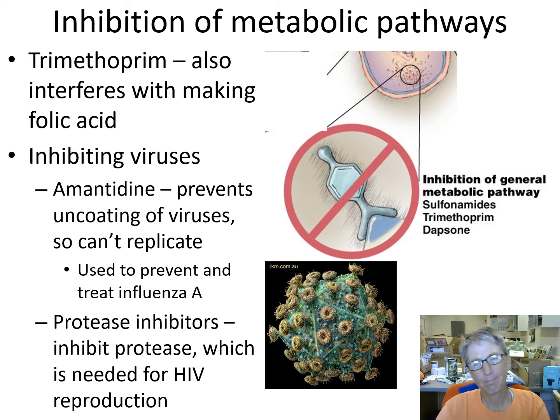Okay, different ways to inhibit metabolic pathways. You can inhibit viruses using amantadine. That prevents the uncoating of viruses. If the viruses can't take their coat off, then they can't replicate.